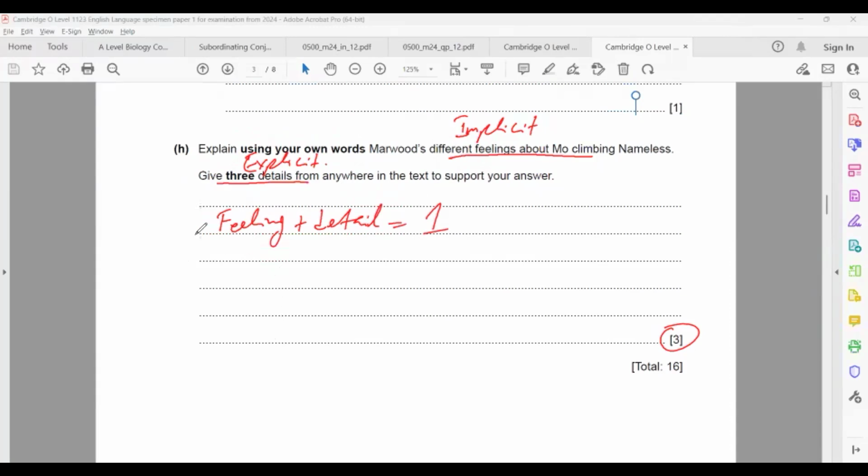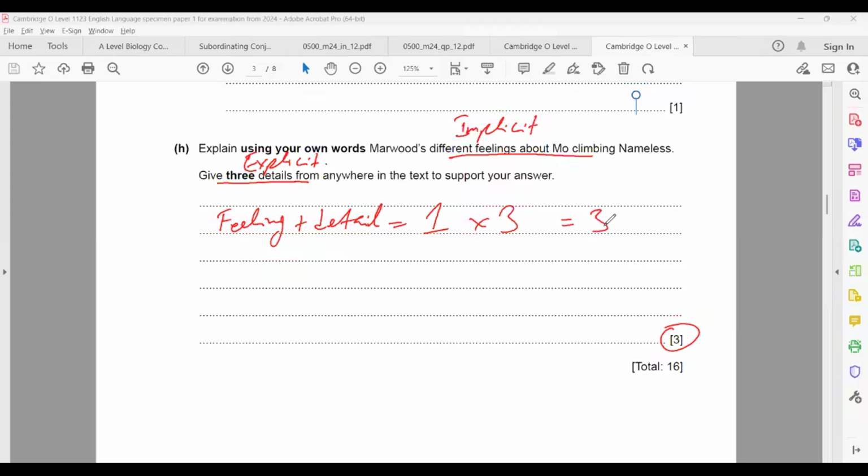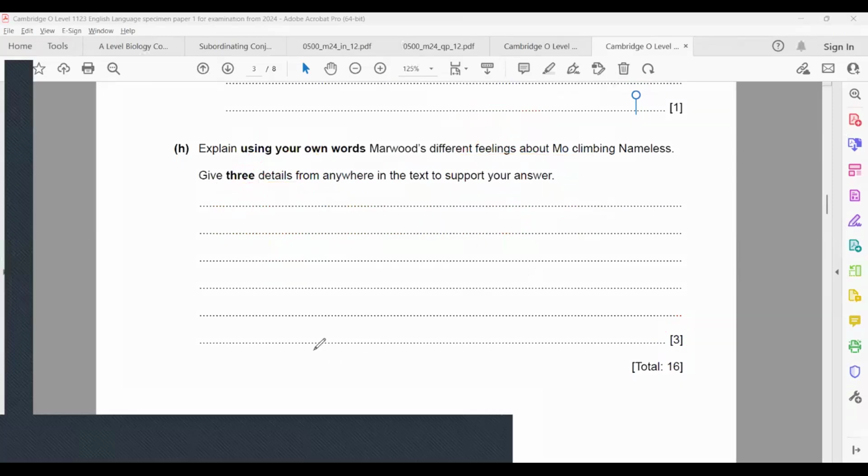So 3 feelings, you multiply that by 3, and you get your 3 marks. All right, so 3 feelings and 3 details. Any questions so far?